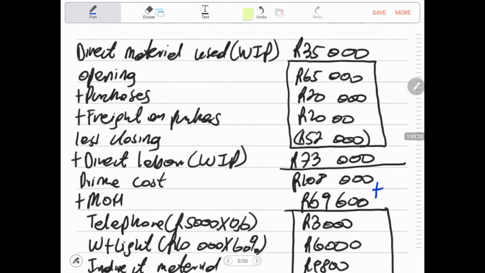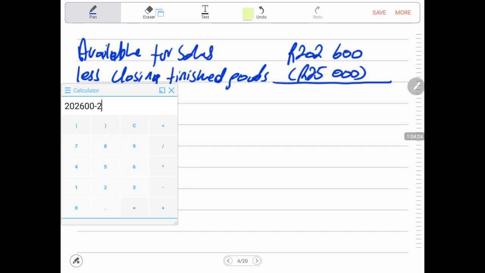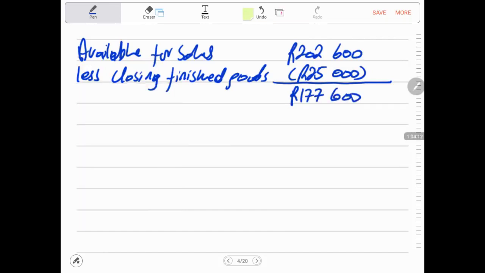That is what has been sold. So now minus 25,000 rands. This gives me a total of 177,600. This is the cost of manufacturing.